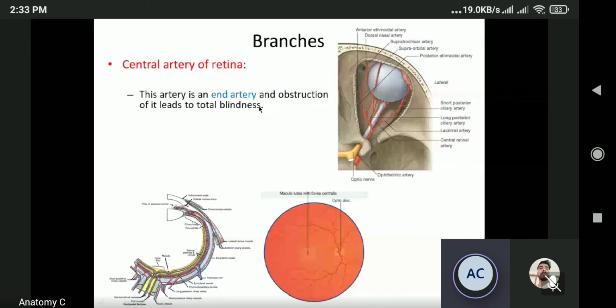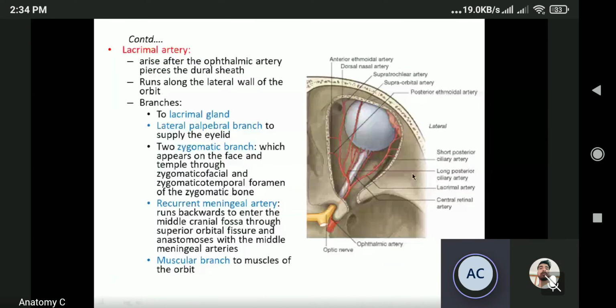Lacrimal artery, look here. This lacrimal artery arises from the ophthalmic artery. It pierces the dural slit and runs along the lateral wall of the orbit, and it gives branches to the lacrimal gland.